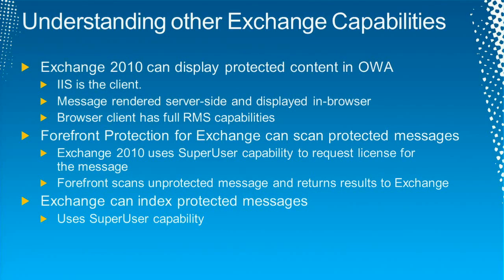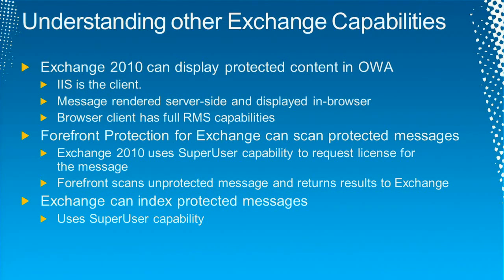But now within OWA you can view IRM-protected content on Firefox, Safari, and IE browsers without having to install any additional software on a user's machine. That makes it a lot more flexible, especially if you're not carrying a laptop on vacation and someone sends you an IRM-protected message; you can just look at it within Outlook Web Access.